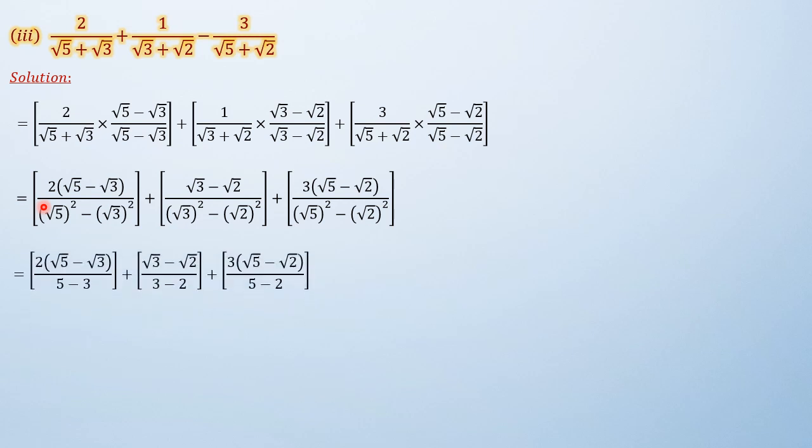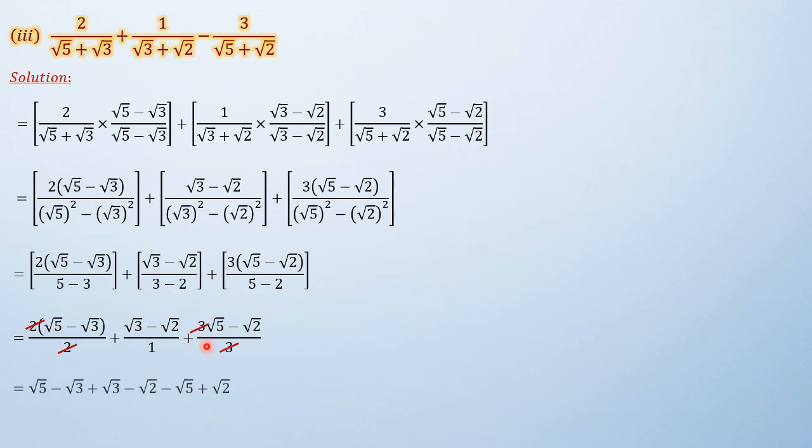Now you can see this is 5 minus 3, some more simplification, 2, 3 minus 2, 1, then 5 minus 2, 3. Now some more cancellation wherever possible. Now 3 is cancelled. Now the left terms, I'm just going to write them down. This is under root 5 minus under root 3 plus 3, all these things.